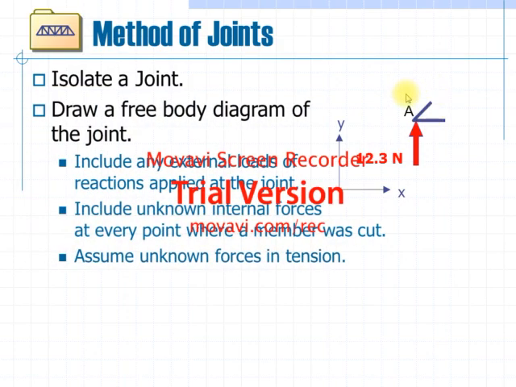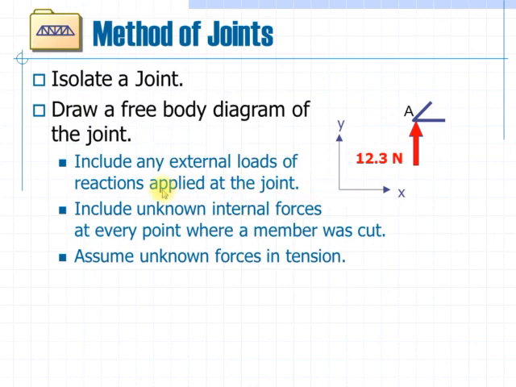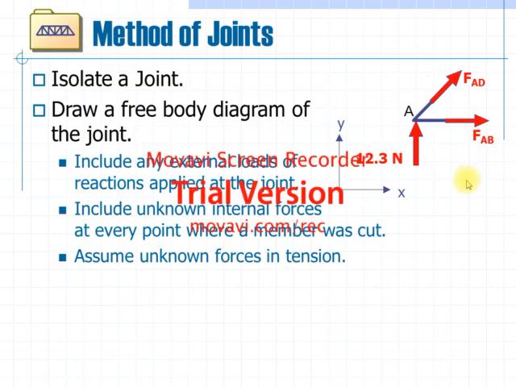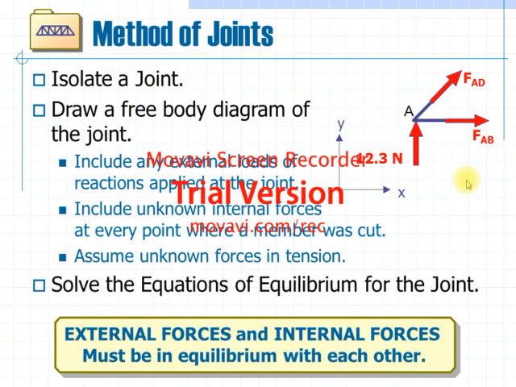We draw a free body diagram of joint A, which includes the external loads and reactions applied at the joint. This is the first force FAB. This is the second force FAD, which we calculate by using equilibrium conditions.